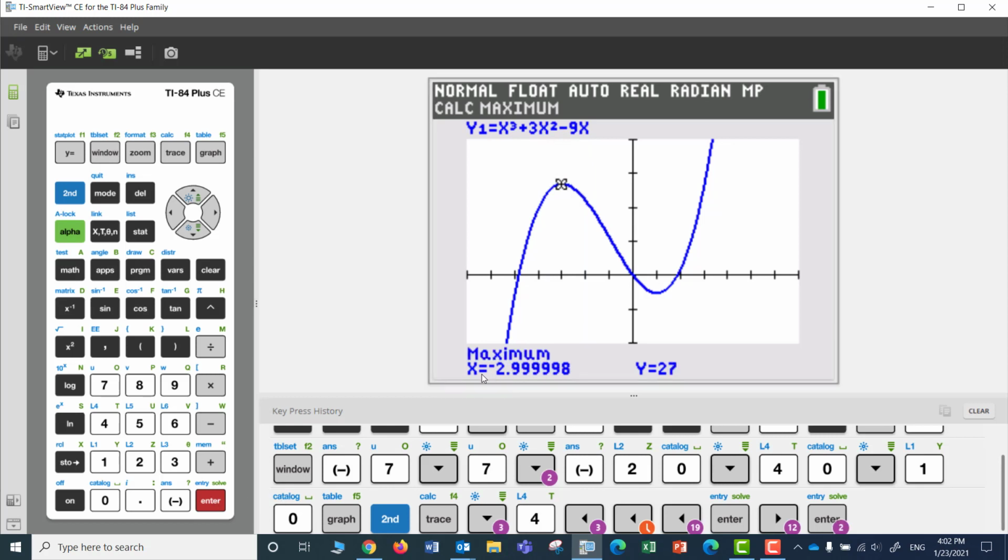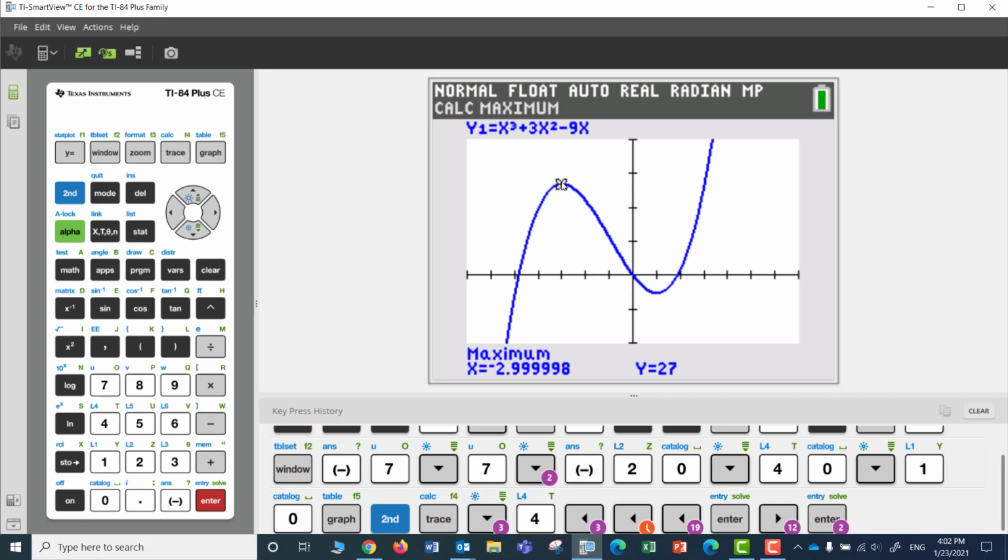And you can see here it provides you the maximum function value, 27 for the y value, and the x value is the location. Notice the x value is very close to -3, it is -2.99998, because the calculator is using a calculation algorithm to approximate the answer. So whenever you see -2.99999 or things like that, you know the actual number is -3.